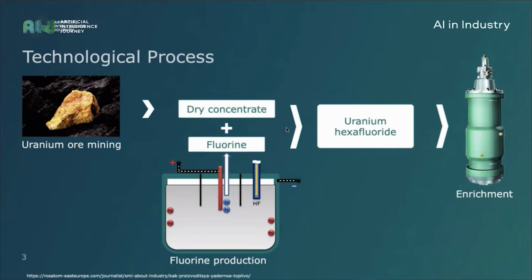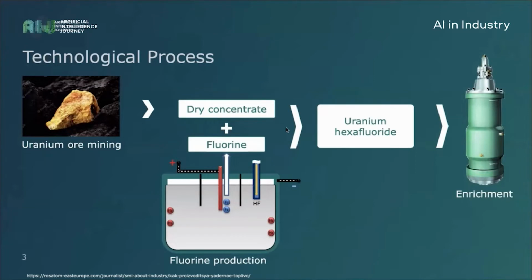It begins with uranium ore mining, then the ore is milled, it is diluted to get dry concentrate as salt, and then it's dried till the state of the dry concentrate.